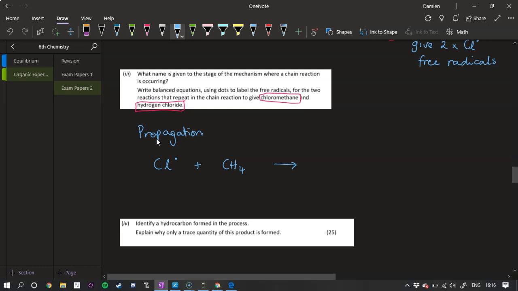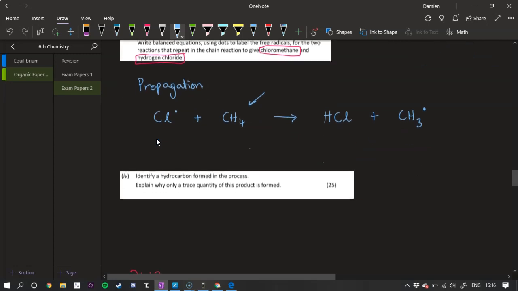So what happens in this particular instance? Well, again, you want to form chloromethane. So you're going to have to try and break up this methane and the chlorine's going to have to join on. So what happens is one of the hydrogens reacts with the chlorine. So you end up with HCl plus CH3, because one of the hydrogens is gone, and that's your free radical. Now we're not quite there yet. Hydrogen chloride is now formed.